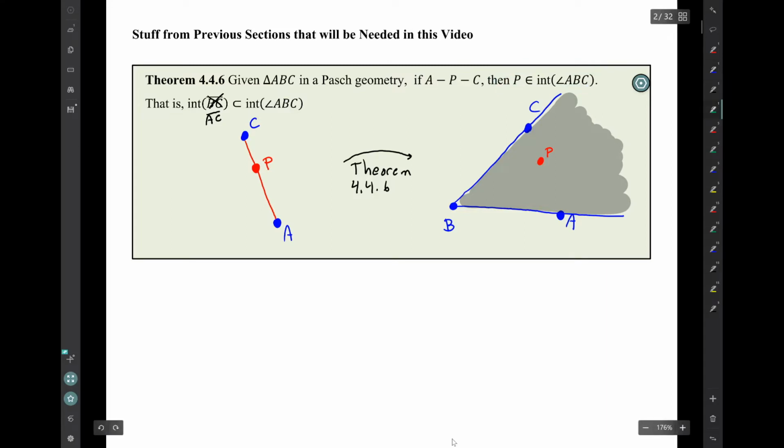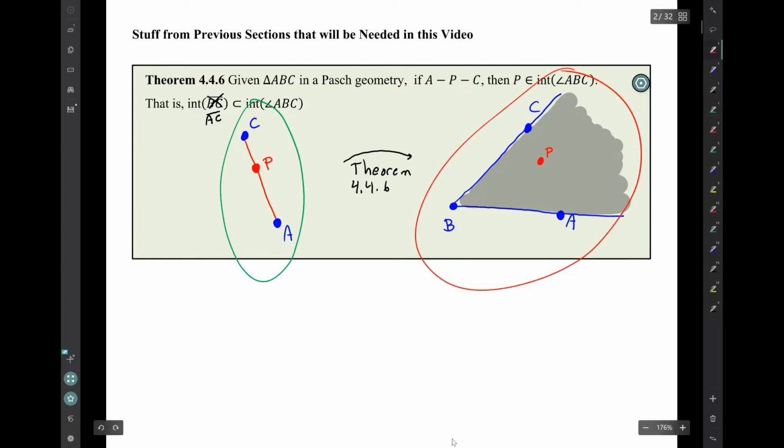So that's illustrated by this drawing. Here's an illustration of P being between points A and C. Here's an illustration of P being in the interior of triangle ABC.